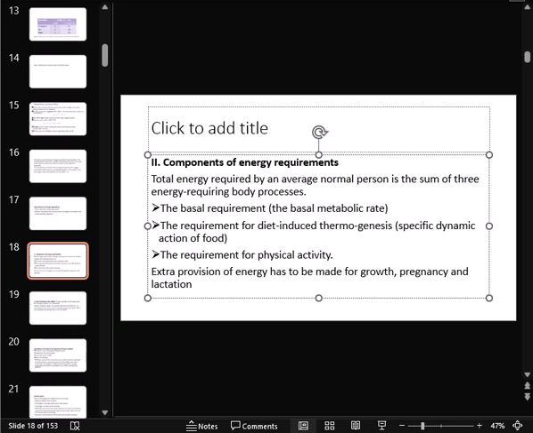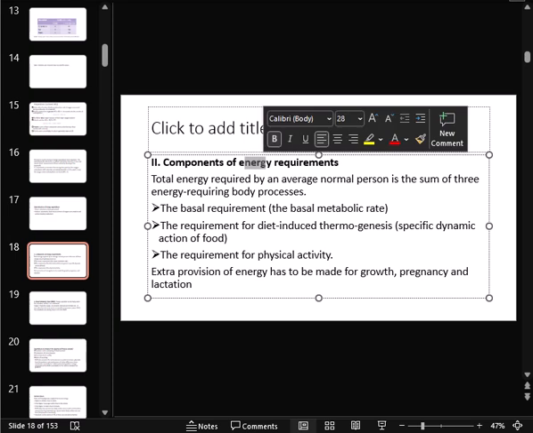That is the heat energy released right after a person takes a meal. And then there is also the requirement for physical activity, because a person is not always lying down. Even lying down is somehow a physical activity. So what specific physical activity are they doing? That helps us evaluate the energy requirements of a person.